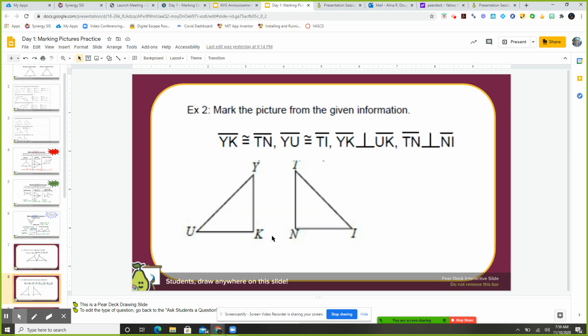For example number 2, you run through the same thing. YK and TN, and then YU and TI. But then the problem comes in where I've got this. So what does that mean? We said this means perpendicular.